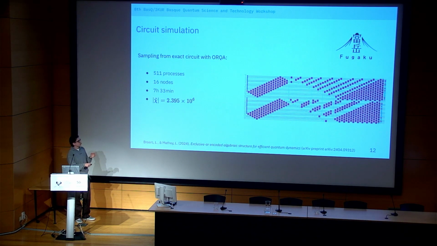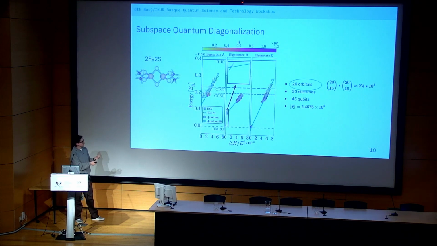This is the circuit we implemented for the Fe2S2 and simulated classically. Using 511 processes, it took 7.5 hours to simulate, and we get 2.39 million different samples, which is quite similar to the number that they got from the quantum computer.